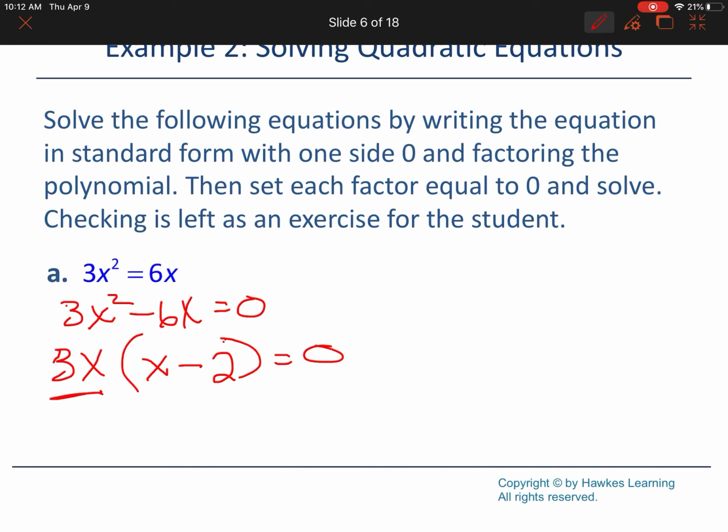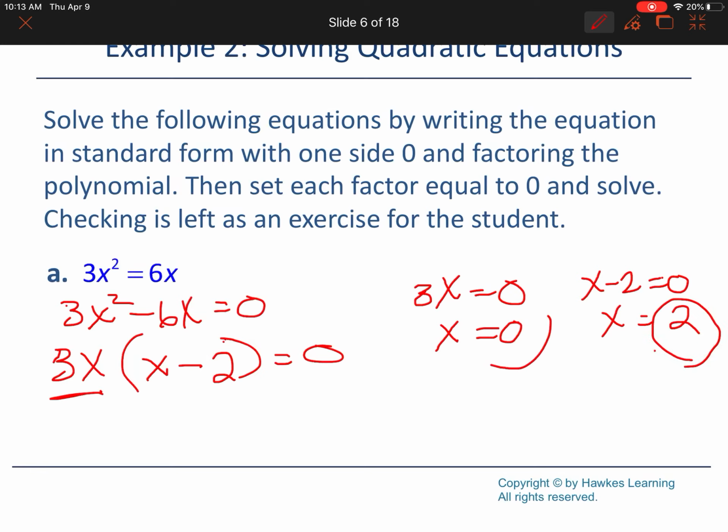So we're just going to look at either 3x equals 0, in which case x is 0, or x minus 2 equals 0, in which case x is 2. So those are my 2 answers.